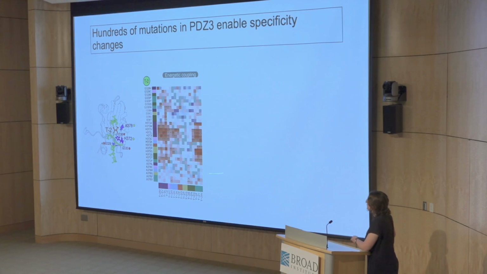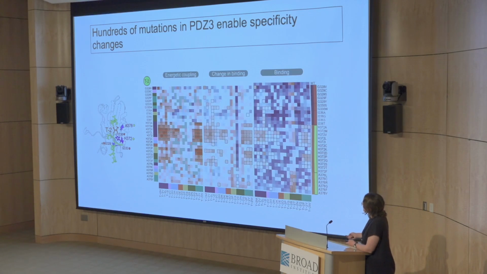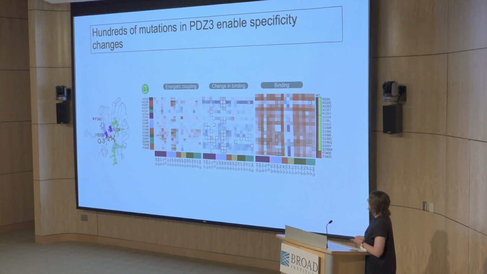And of course, we get the full map of mutations that are coupled and changing specificity. We also have the raw binding scores, as well as the change in binding compared to wild type. And again, we have this for every single position in crypt with every position in PDZ.